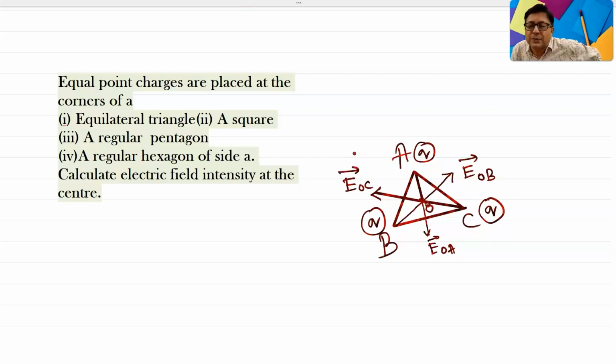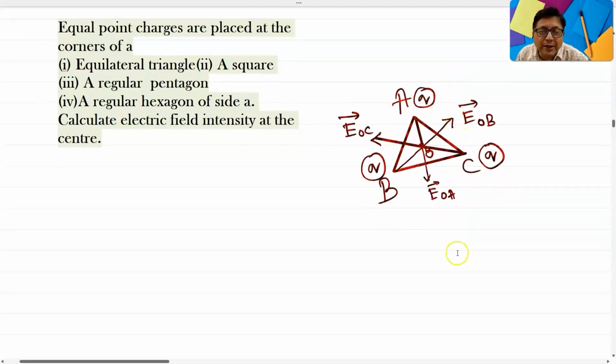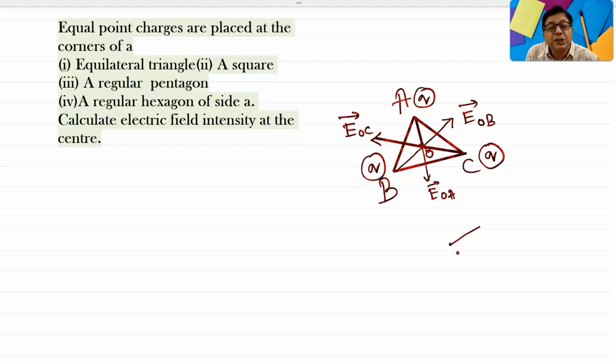If three vectors act at a point where the angle in the surrounding of the point is divided in three equal parts, their resultant has to be 0. I will be using this concept here.